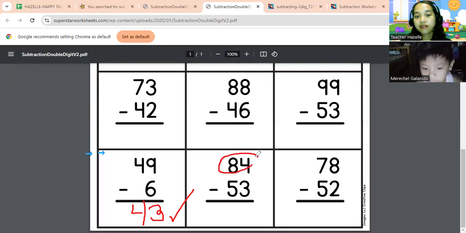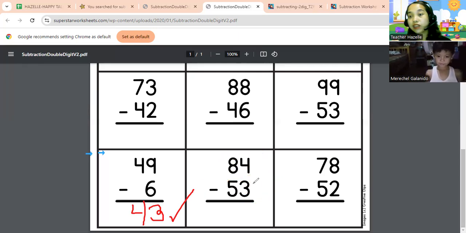We have 84 minus 53. All right, let's first start with 4 minus 3. 4 minus 3 equals how many? It's 1.